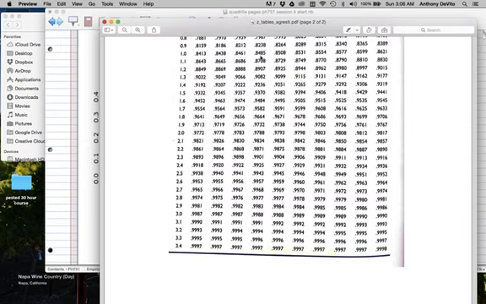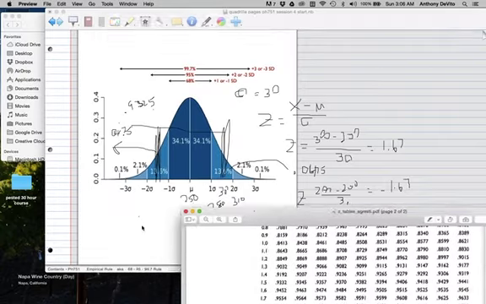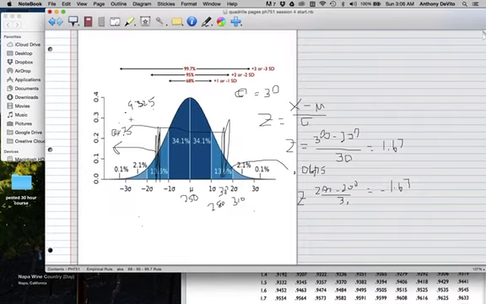It's 0.9525. My math was right. My reading was incorrect. Okay, so that was 95.25%, and that leaves 4.75%, 0.0475 above this value, and it leaves 0.0475 below this value.